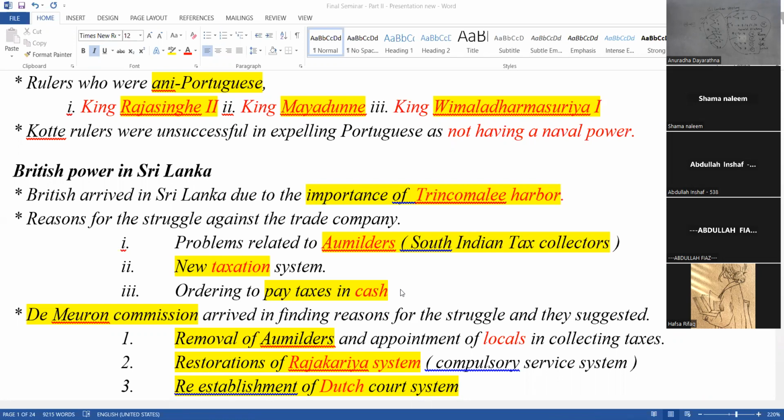Once again, the 6 types of taxes: coconut tree tax, fish tax, salt tax, toddy tax, Arab tax, and tobacco tax.